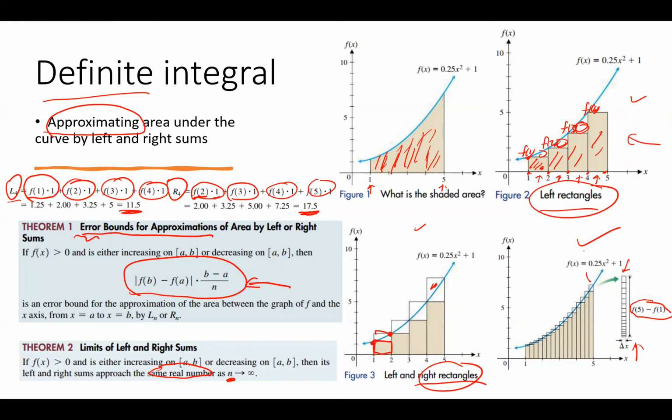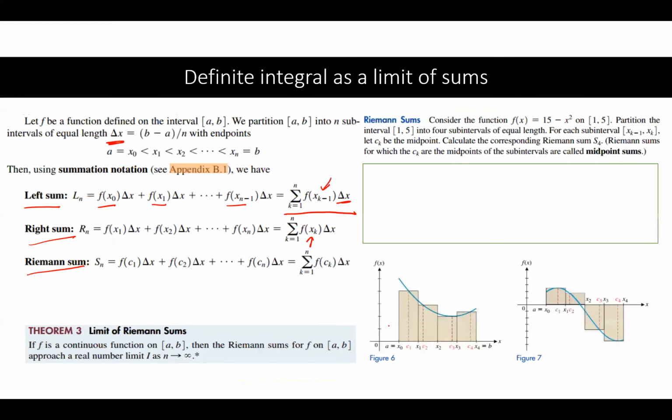With this point, it can be this one to approximate. However, we can think about using any point in between. If we use this point, then we're actually using this rectangle to approximate the area and do the summation. This is what the Riemann sum is about: using any point in the middle to calculate the area under the curve.